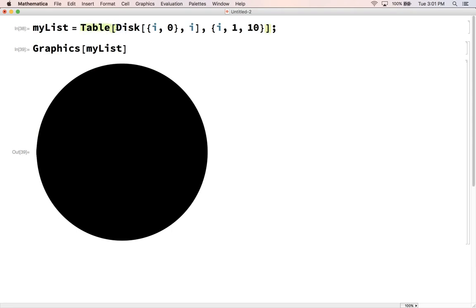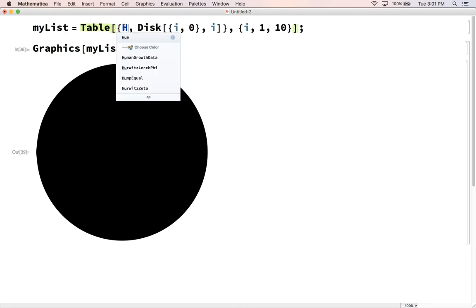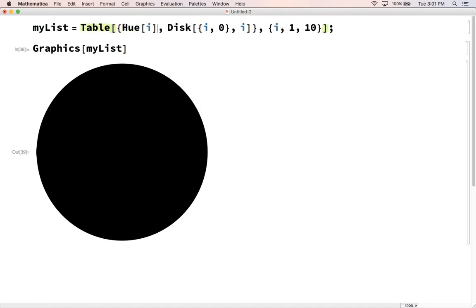So instead of just having all of these disks have the same color, let me change the hue for them. So instead of having the ith entry in the list be just a disk, let me have it be a little sublist, where the sublist first describes a hue and then says, what is the thing that I want to be that hue?